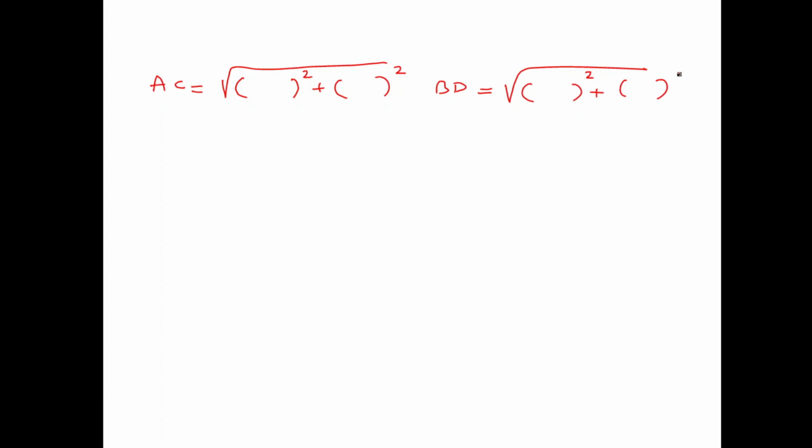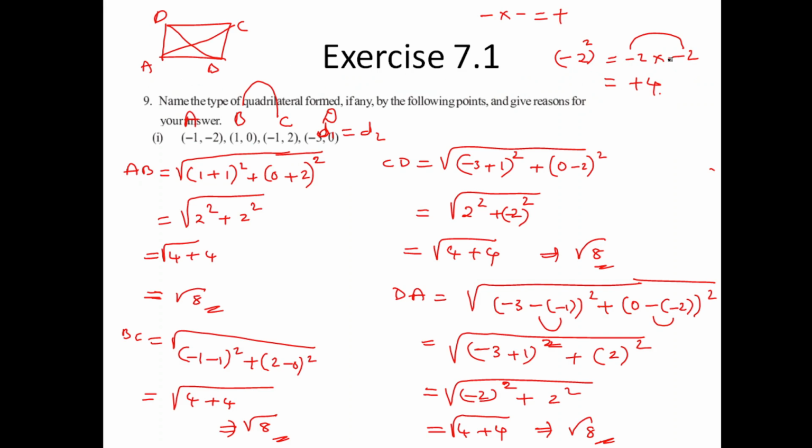So one of the diagonals is AC, the other diagonal is BD, which equals, as you know, the square root of (x2 minus x1) whole square plus (y2 minus y1) whole square. Here also, (x2 minus x1) plus (y2 minus y1). So what are the values of A?